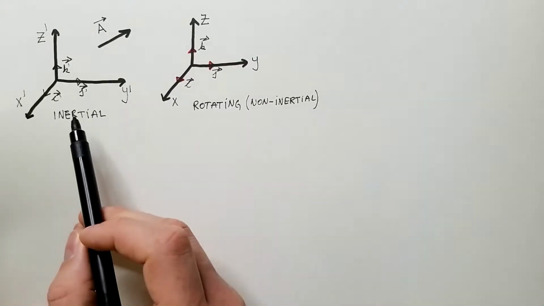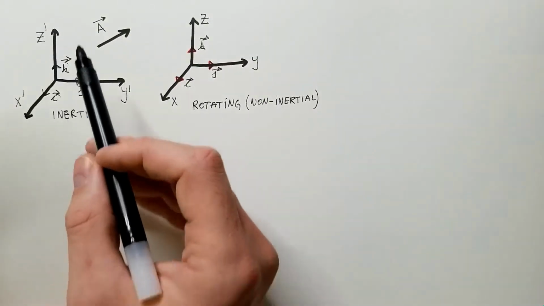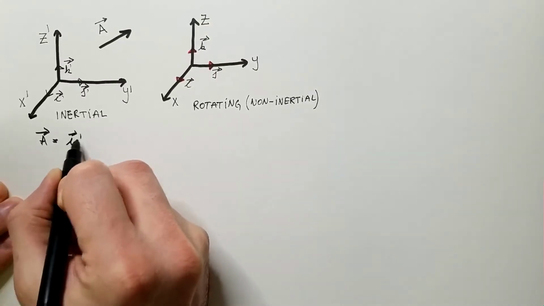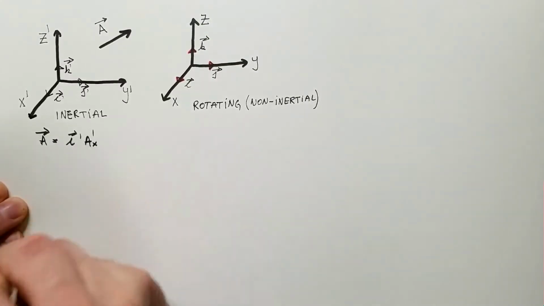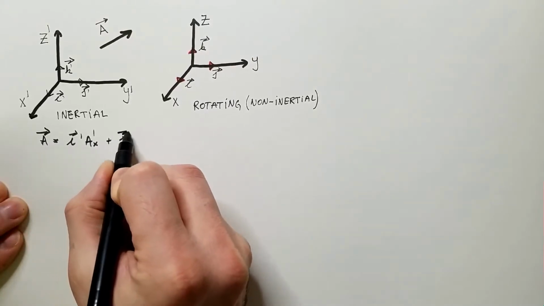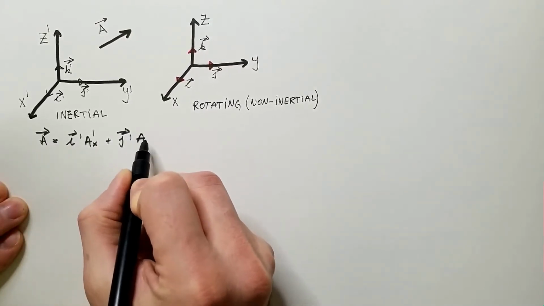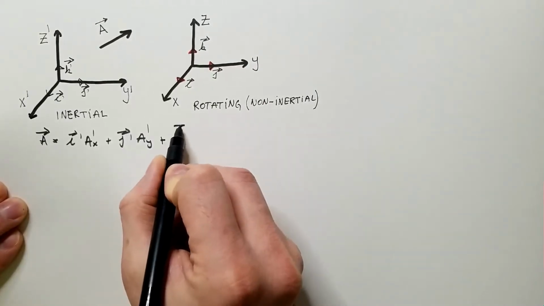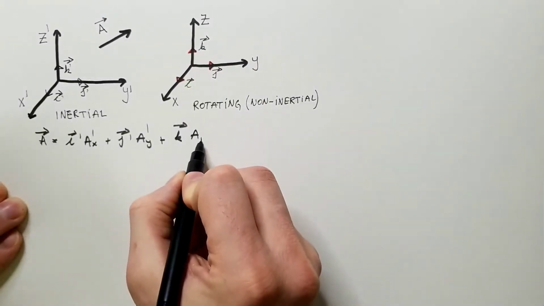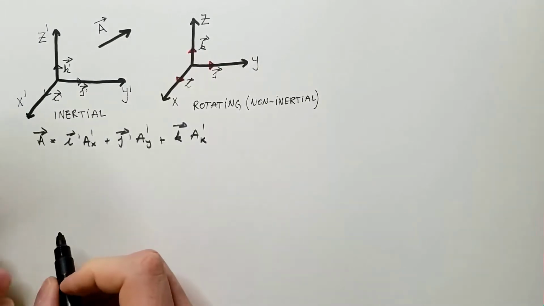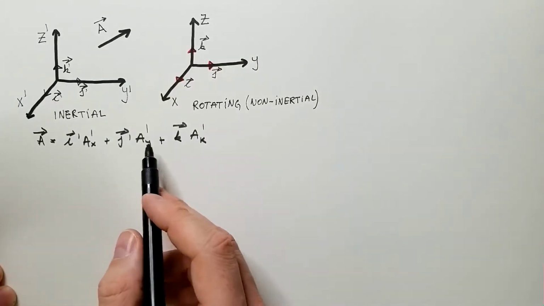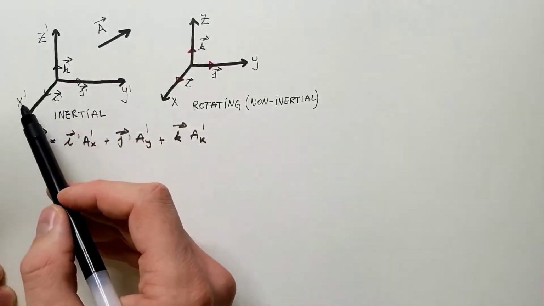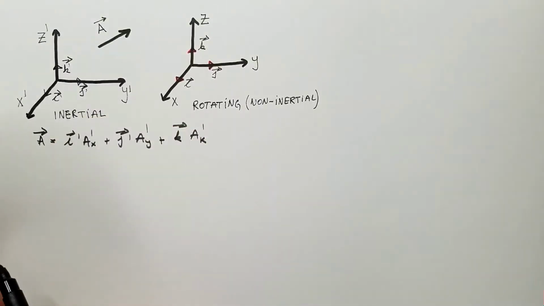In this inertial frame of reference, vector A can be expressed as i prime Ax prime plus j prime Ay prime plus k prime Az prime, where Ax prime, Ay prime and Az prime are components of this vector along x prime, y prime and z prime respectively.